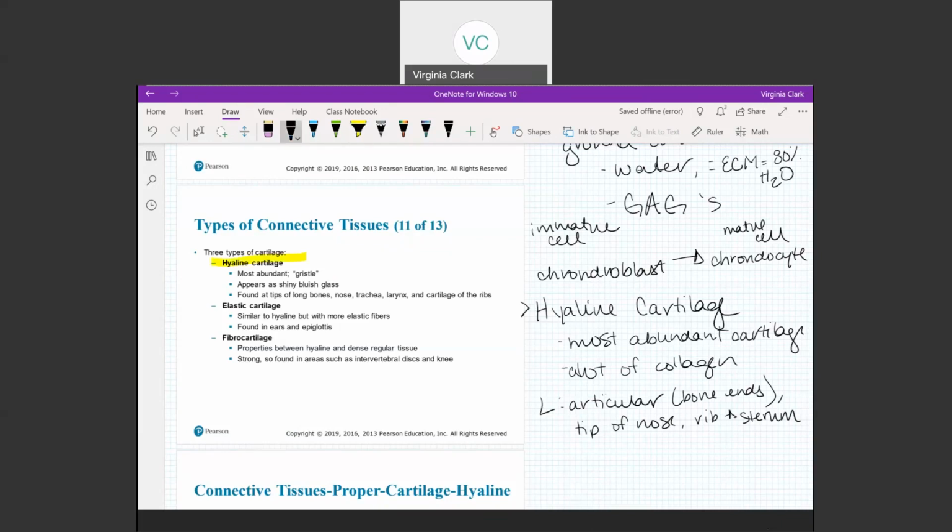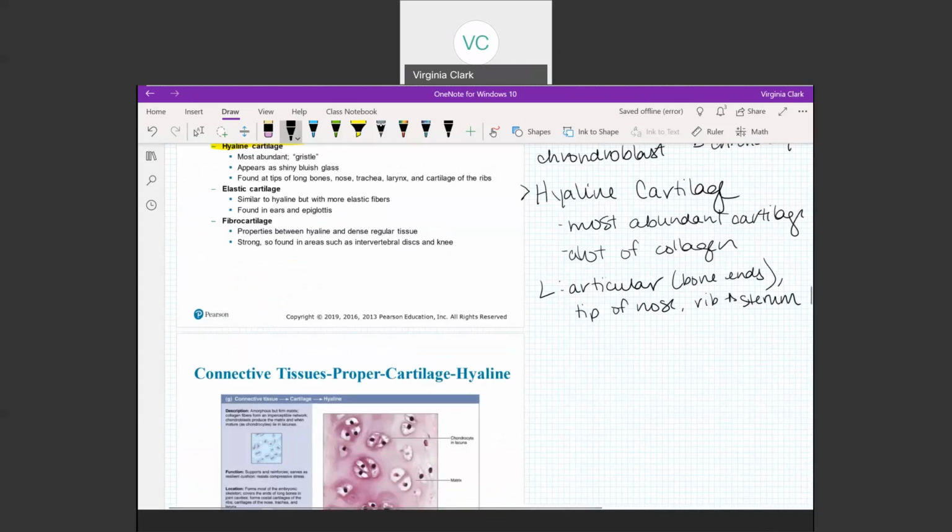The second type of cartilage is going to be elastic cartilage. This is almost exactly identical to hyaline cartilage when you look at it under the microscope, except it will have more elastin fibers. That's what makes this one different.